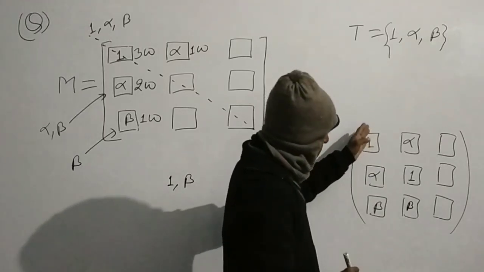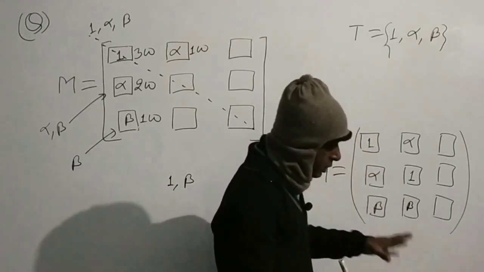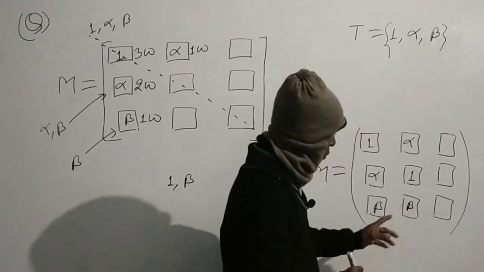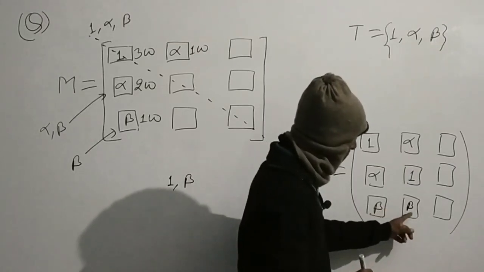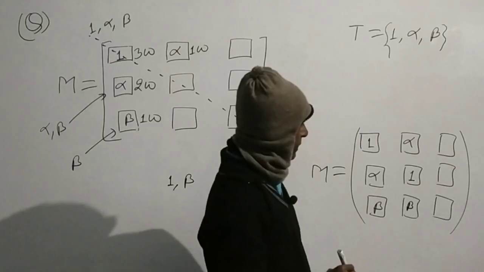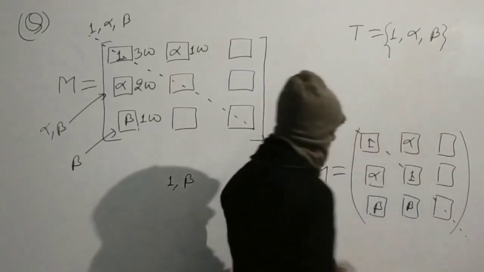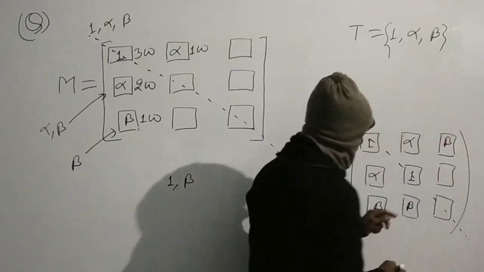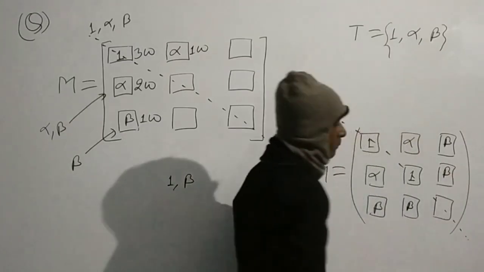Since the sum of column should be 0, and the sum of row may or may not be 0, it seems that here is beta and here is beta, and it does not make any difference. But the matrix is symmetric. If here is beta, then here will be beta.